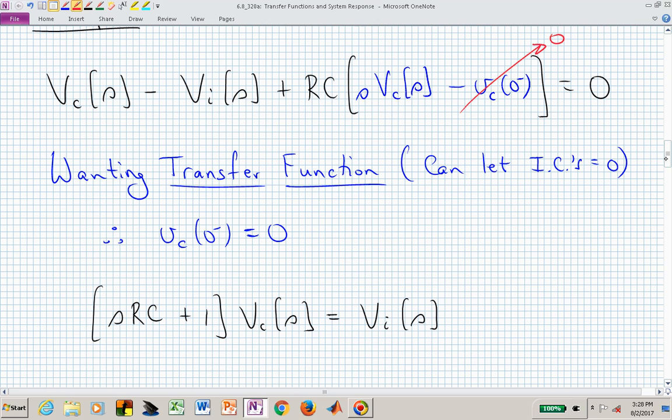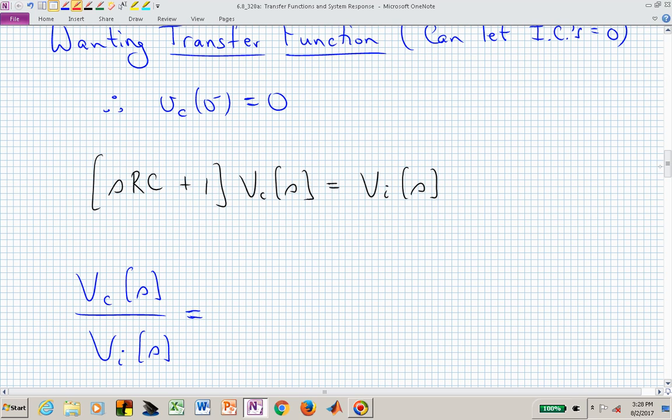But right now we have this polynomial equation that has a polynomial in S scaling V sub C and a coefficient of V sub I. In this case, it's a polynomial of S where it's constant, and that constant is equal to 1.